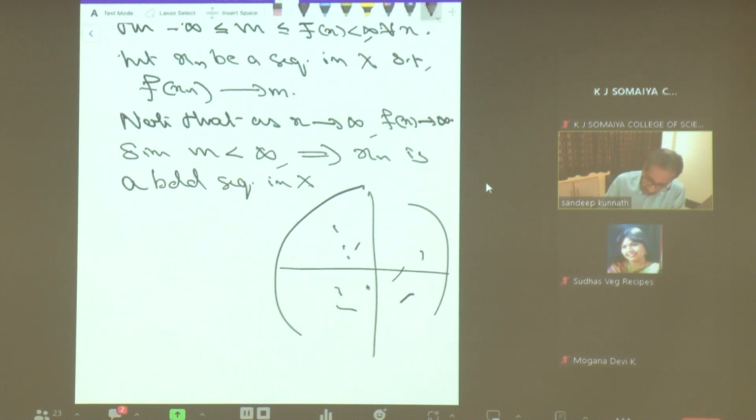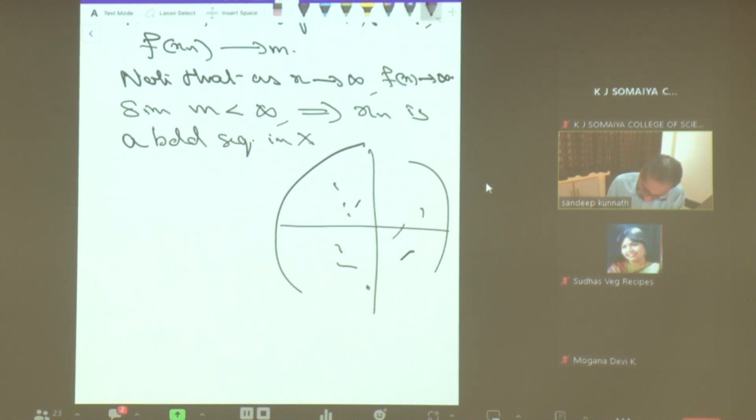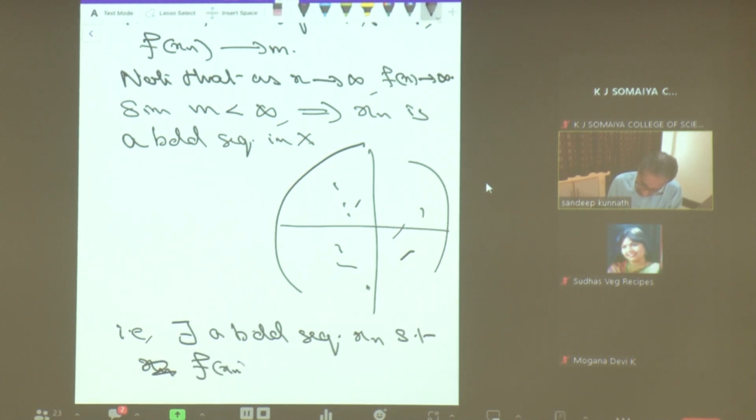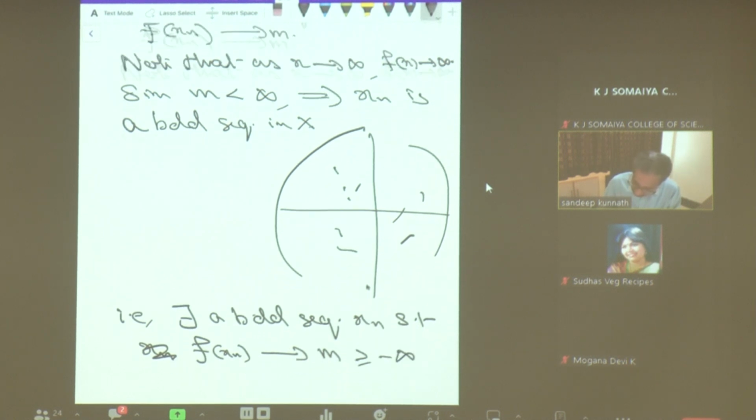So what we have got is that there exists a bounded sequence xn such that f of xn converges to m. Right now we know that m is greater than or equal to minus infinity.